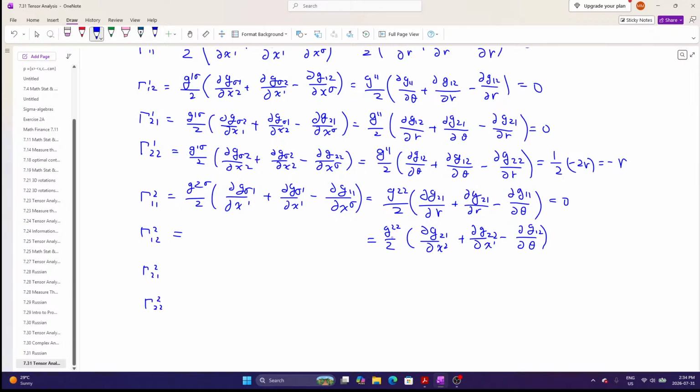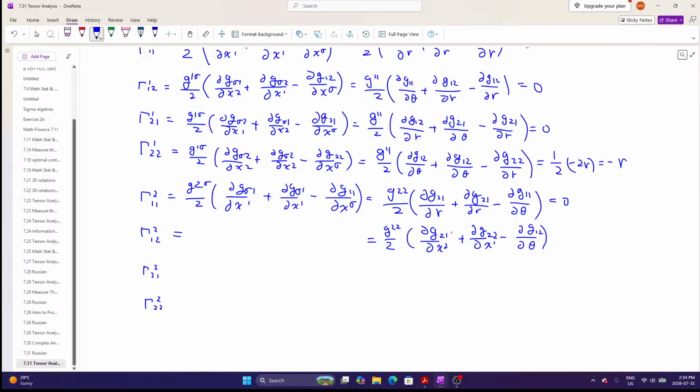So there's the upper index G, should be G22. Yeah. So sigma is 2. Hence the last term. There should be 1, 2. One of the indices in the first two G terms should be 2. Yeah.